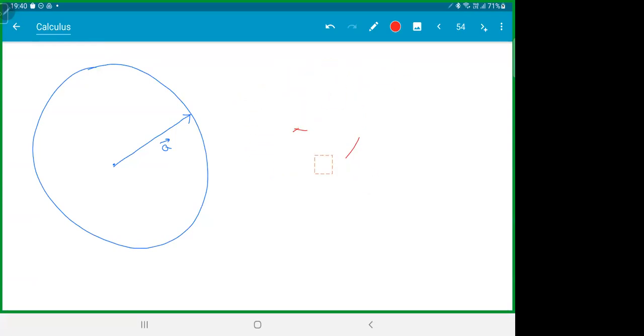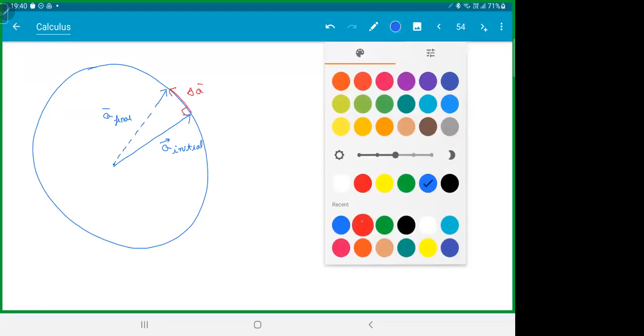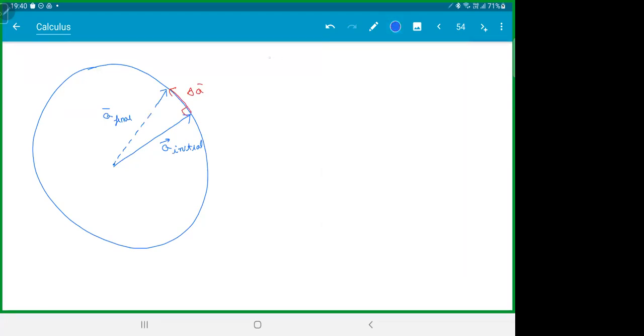So when the vector is changing but the magnitude remains constant, the only possibility is this: this is your initial vector, this is your final vector. The length did not change, and this will be your change in vector, at 90 degrees. It's a very small vector. So basically, this will be the end result here.